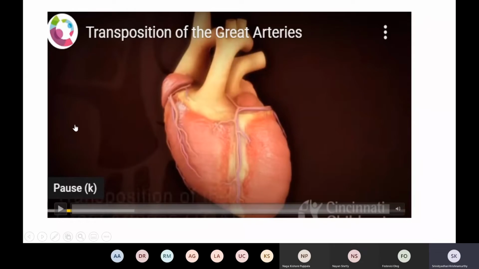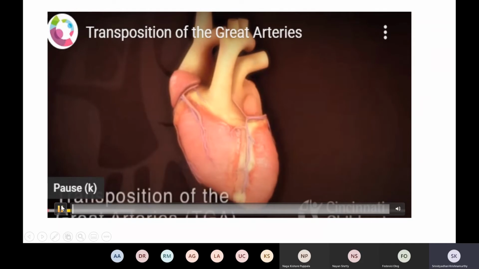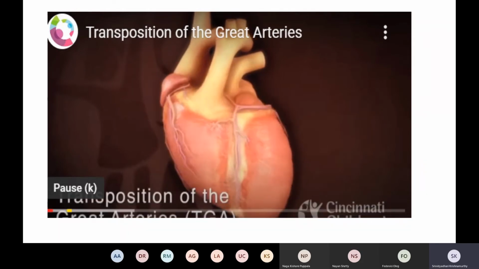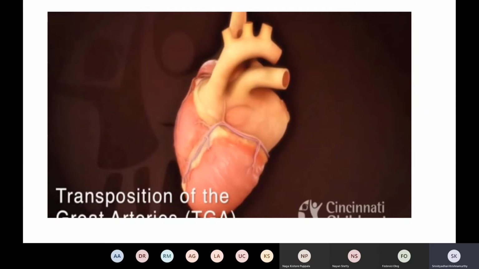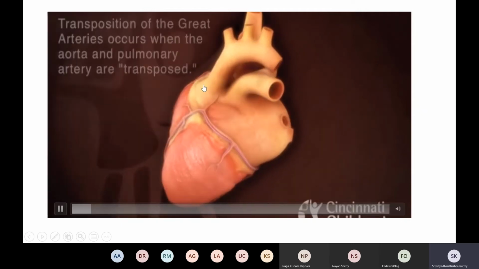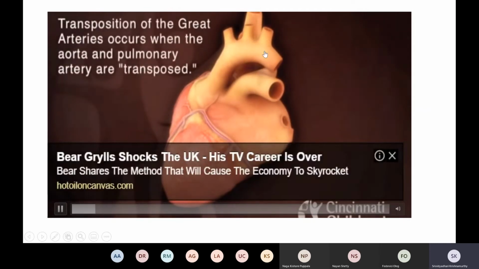So this is a little video to see what happens in the circulation, because I can talk. So basically you can see that is the right ventricle, and you can see the aorta coming off there.